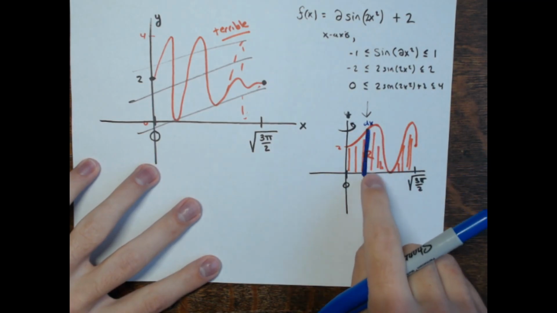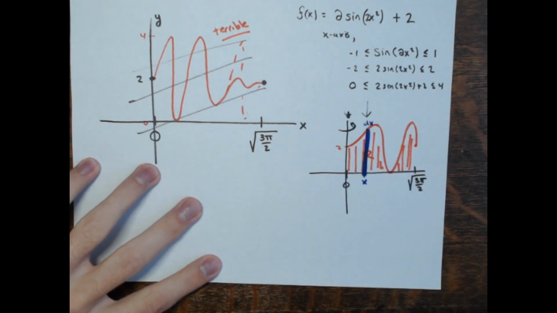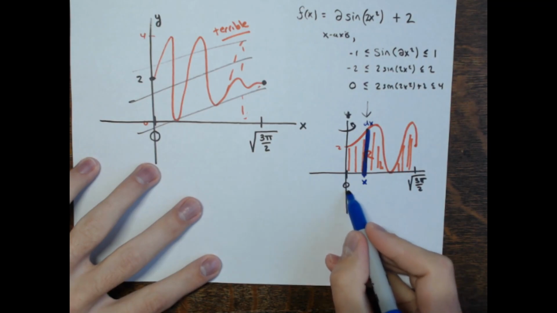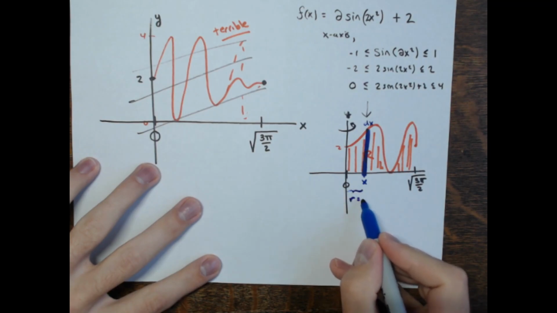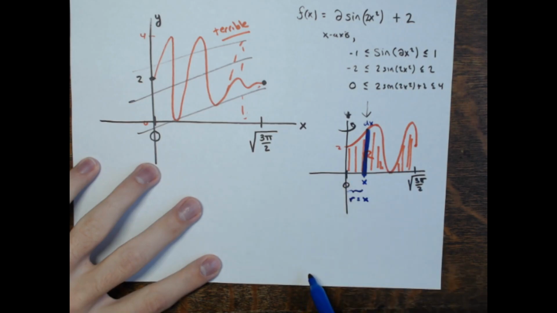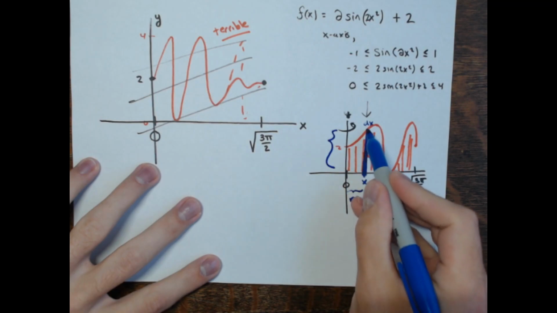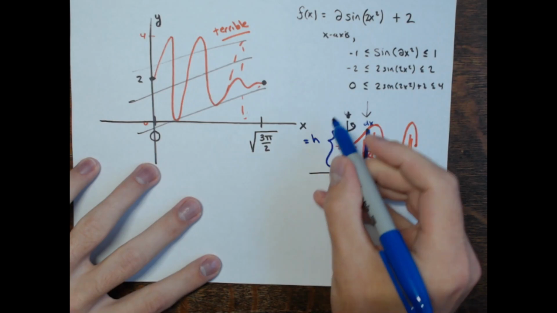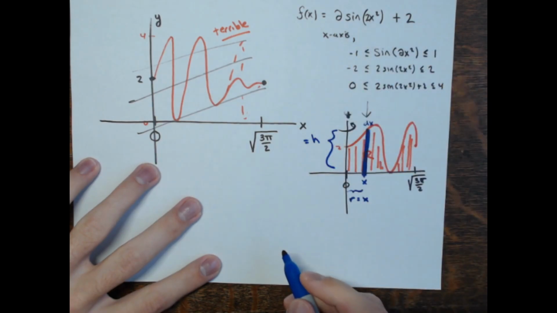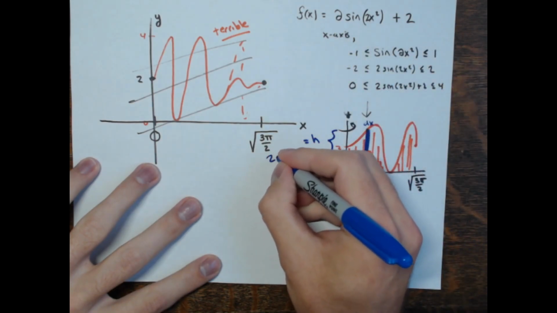So when I rotate this rectangle around the y-axis, I'm creating a thin piece of rolled up paper. And the radius is this distance here, which is just simply x. And then the height is just from y equals 0 to y equals the curve, in terms of x. So the height is our 2 sine 2x squared plus 2.